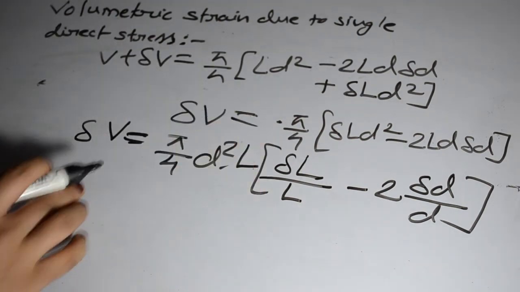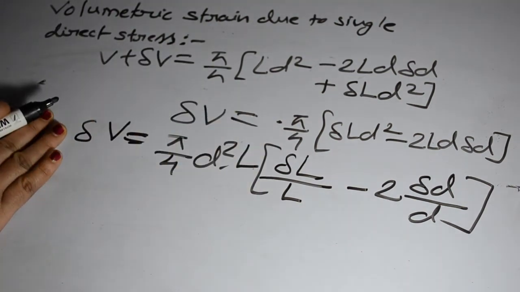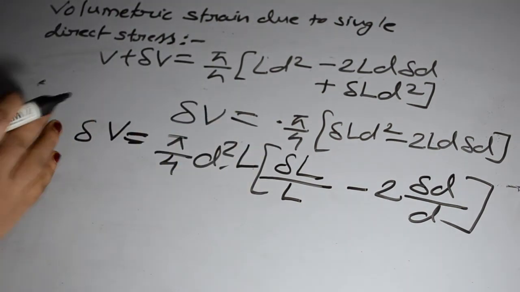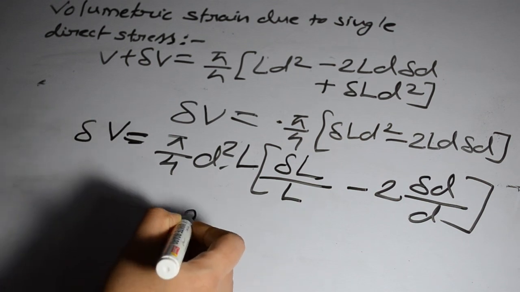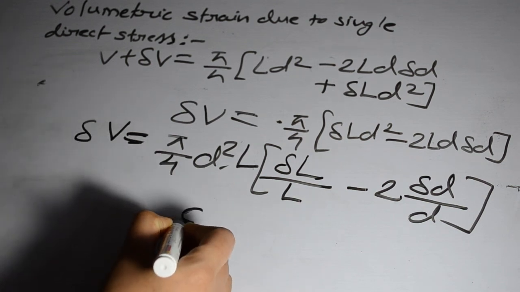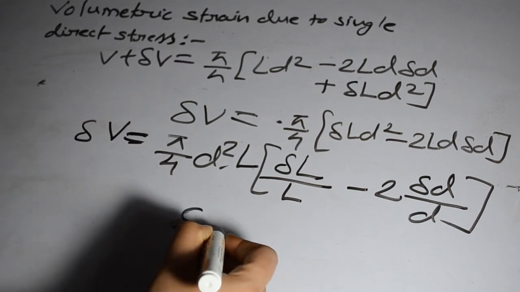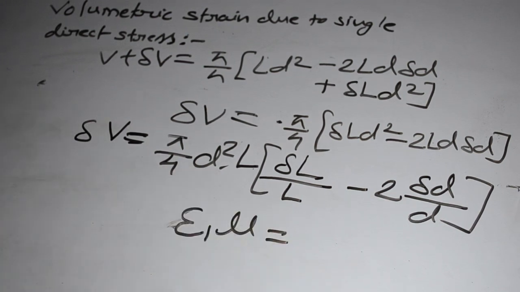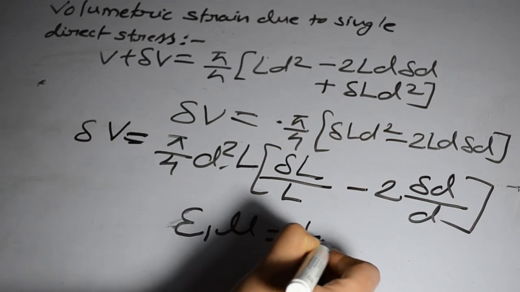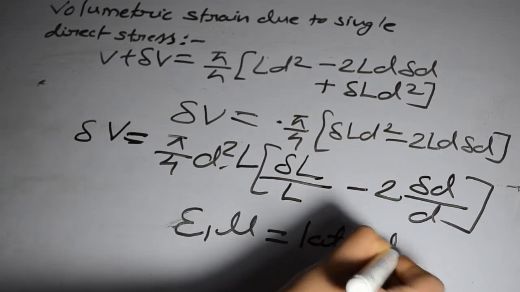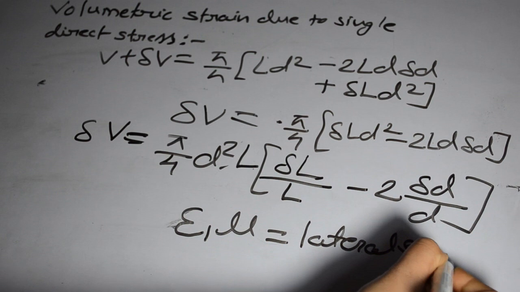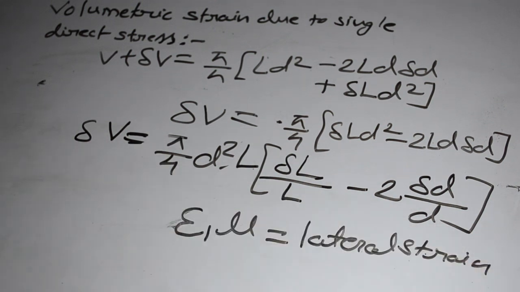I told you about the Poisson's ratio in the case of rectangular bar also. So here the longitudinal strain we are denoting by eta 1 and mu is the Poisson's ratio, so mu into eta 1 is equivalent to lateral strain.